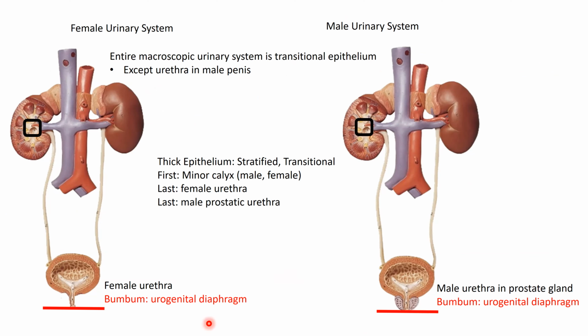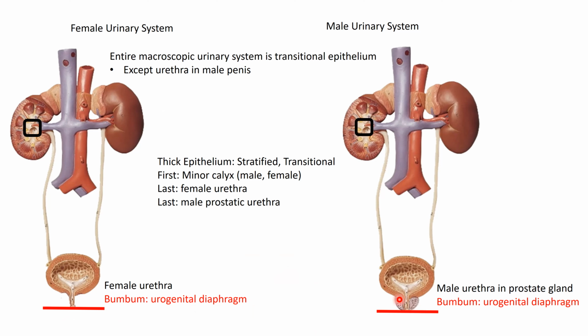Okay? And also I wanted to make sure that you understand that the red line is your bum, where you are sitting. Its anatomical name is the urogenital diaphragm. You can also call it the pelvic floor. But this is where you are sitting on both sides. So you can see that the two systems are identical until the end of the female urethra and until the end of the prostatic urethra.